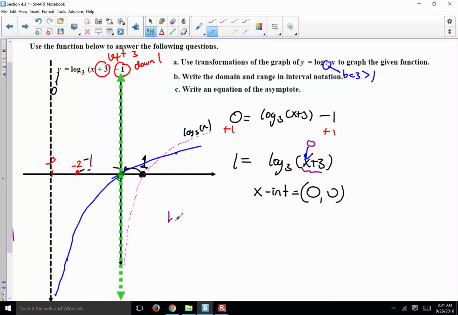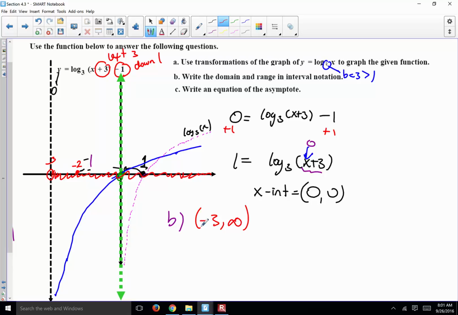So can you tell me what's the domain of this blue curve? When I compress this up and down on this side, and I push it against the x-axis, this is the image we get. We get minus 3 to infinity, right?